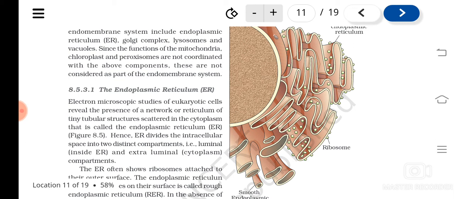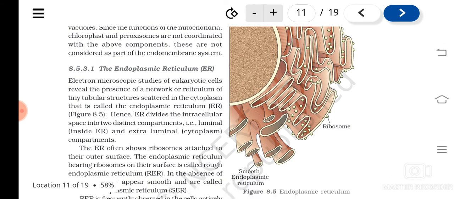The extraluminal compartment means the cytoplasm found just outside the ER. Likewise, it is divided into the luminal, or inside of the ER, and the extraluminal compartments.